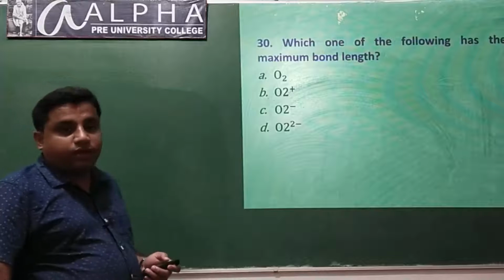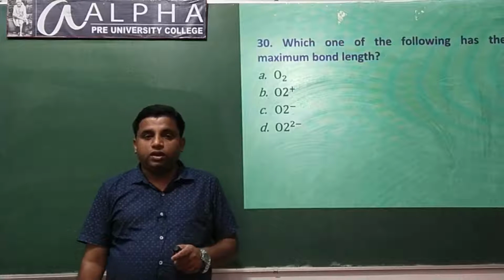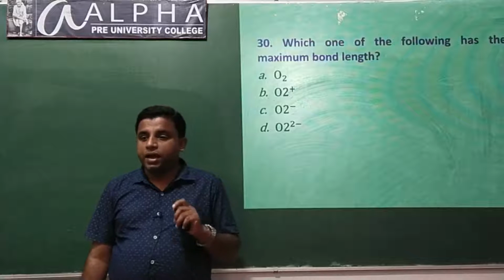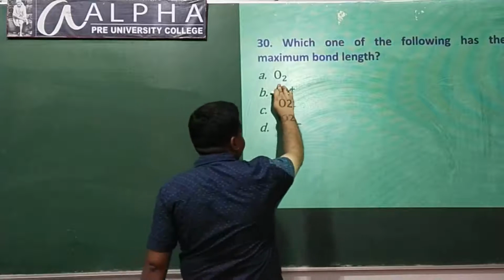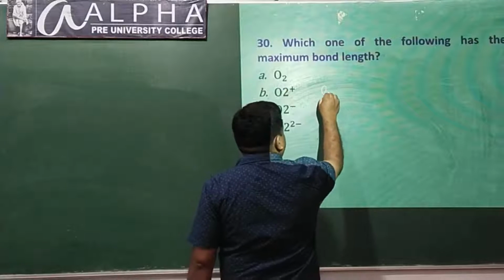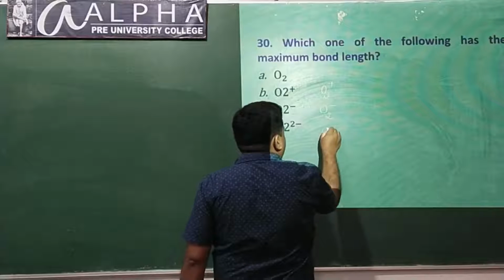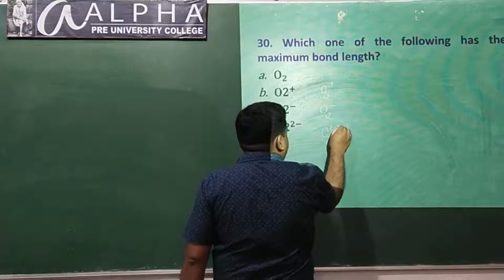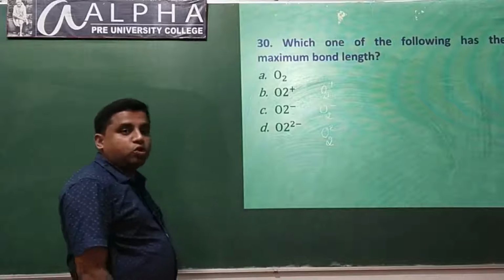Which of the following has the maximum bond length? You are given O2, O2 plus, O2 minus, and O2 2 minus. Please correct it because I couldn't type it properly.